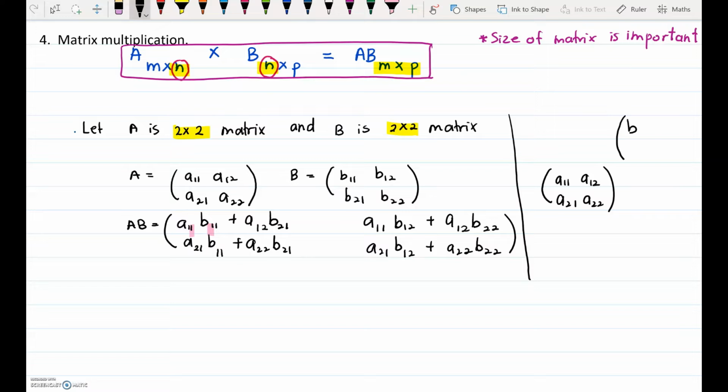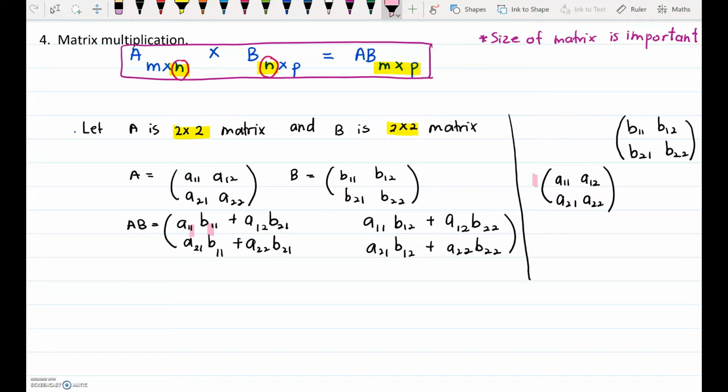So this one will be B11, B12, B21 and B22. Now we will cross the row from A and the column from B. So this is what will happen.